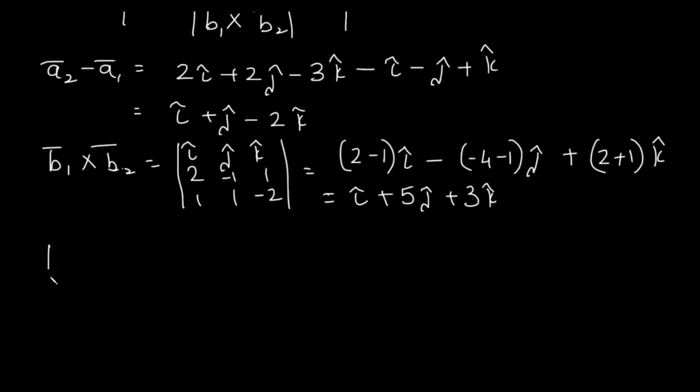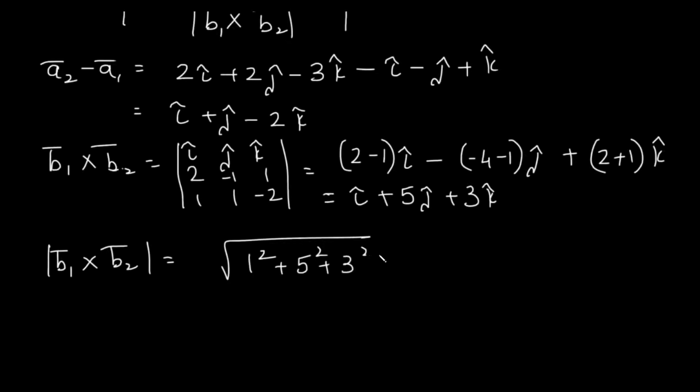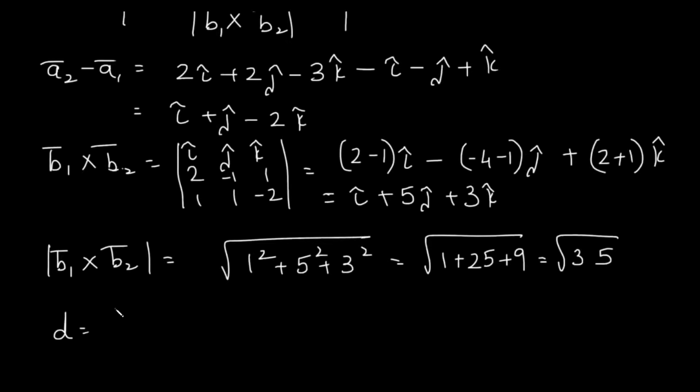Now we also require mod B1 cross B2, which is simply root of 1 square plus 5 square plus 3 square, which is root of 1 plus 25 plus 9, that is root of 35. Then putting this value over here, D is equal to the mod of the dot product of A2 minus A1 with B1 cross B2.